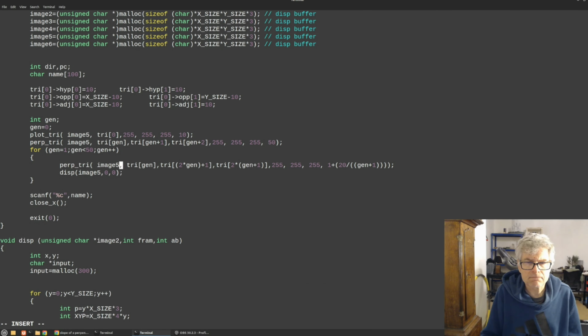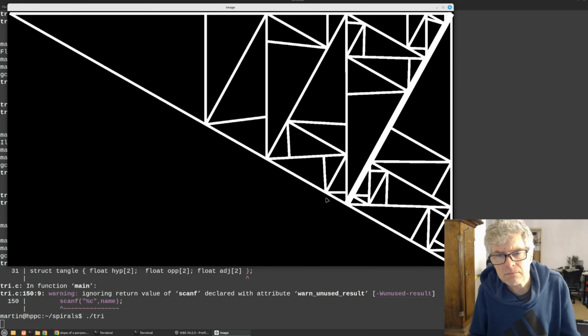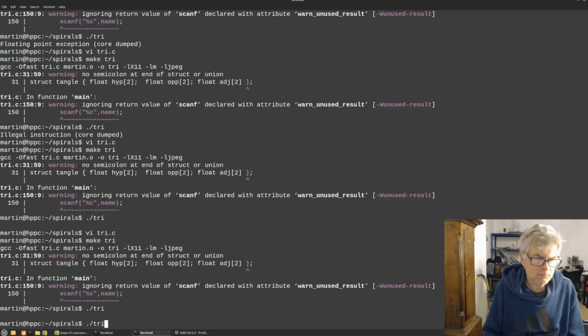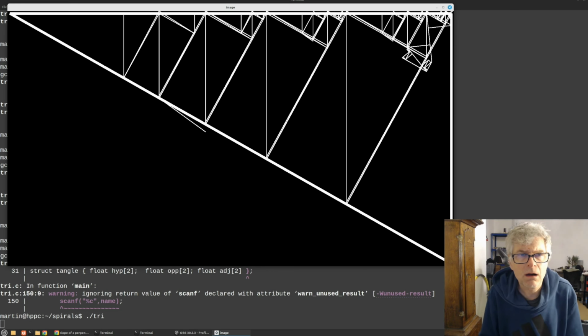So finally I worked out how to create the generation codes, and at last I finally saw the picture. And here we are, you can see me changing it in various different ways.